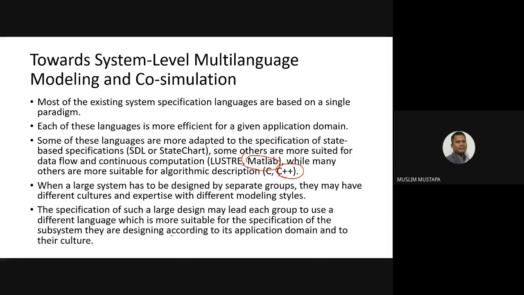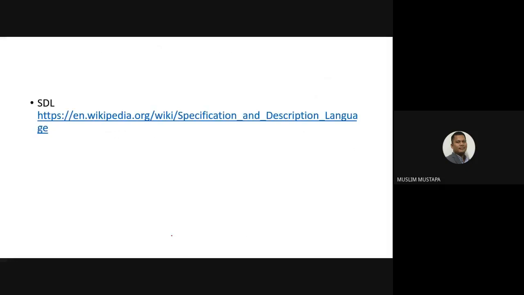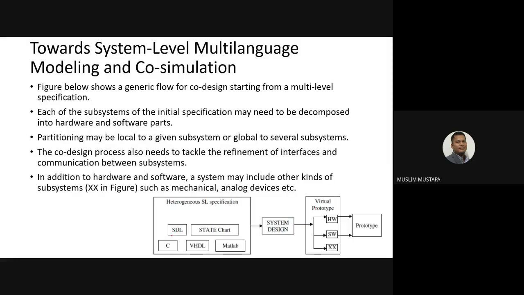For this modeling, right? This is the link for SDL. All right, so this is a multi-level modeling code system. Okay, so for example, you use SDL, then some part you use C, VHDL, and then you use statecharts, right?